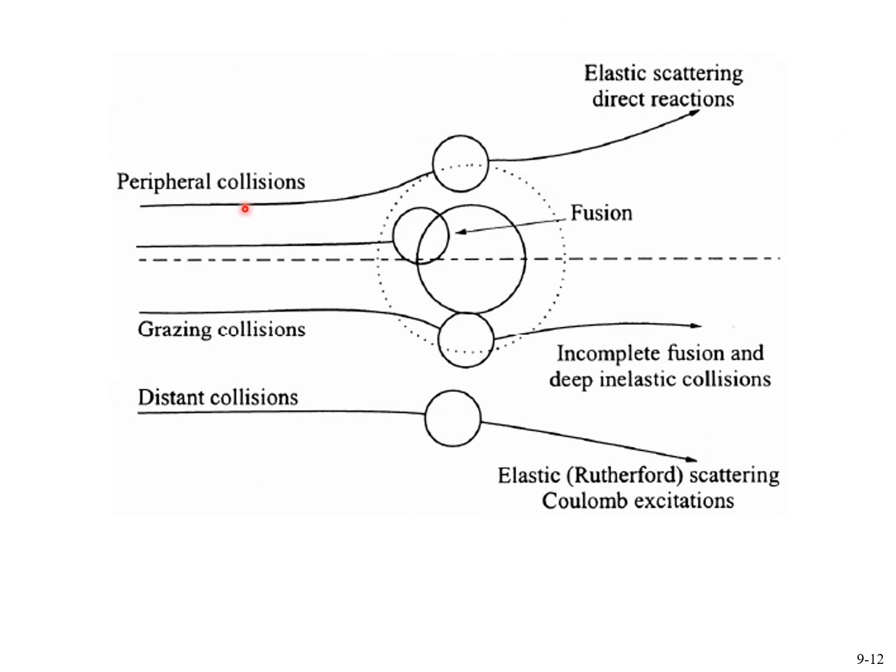For the heavy ion reactions, an overview is listed here, the same figure that was shown on the previous page, where we can get collisions that are primarily elastic scattering, some distant collisions where you can get Coulomb excitation of the nucleus, and as the particle comes closer to the nucleus, you can get some transfer reactions. These can also lead to deep inelastic collisions.